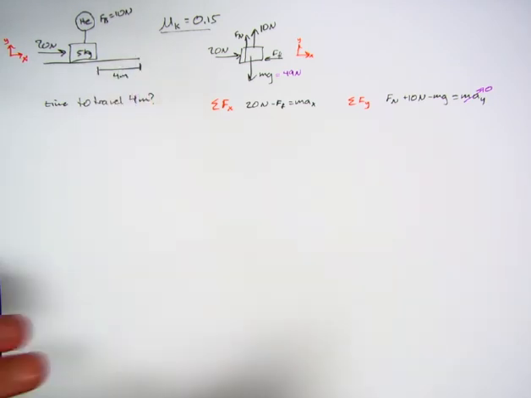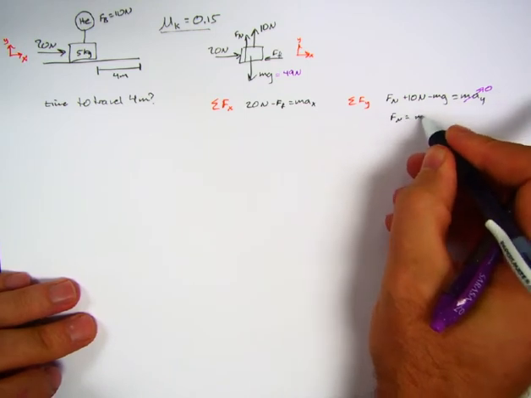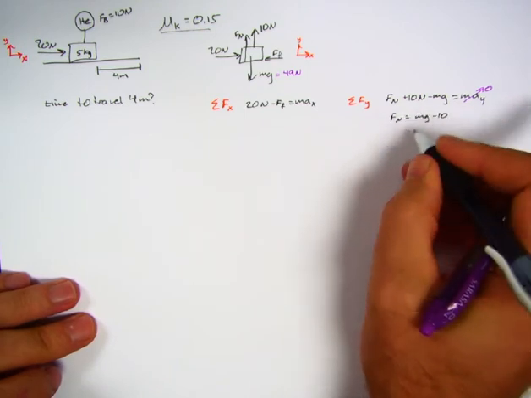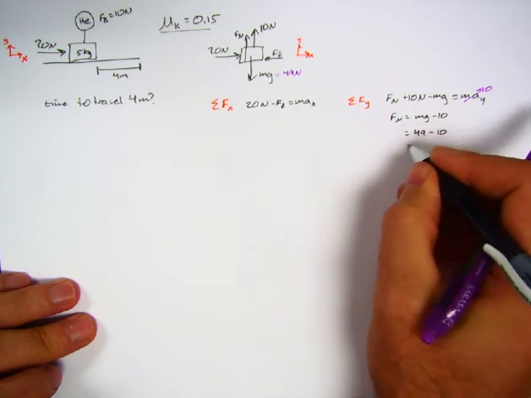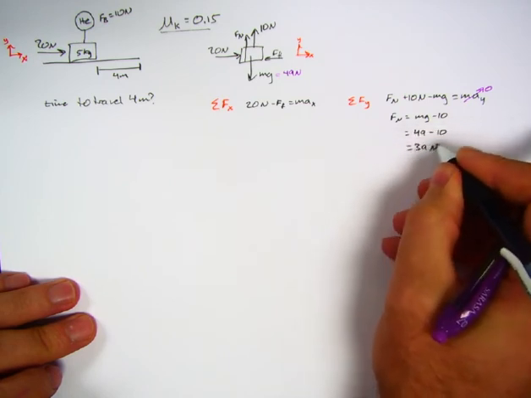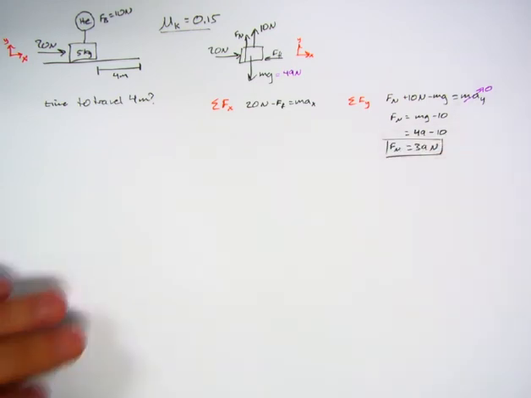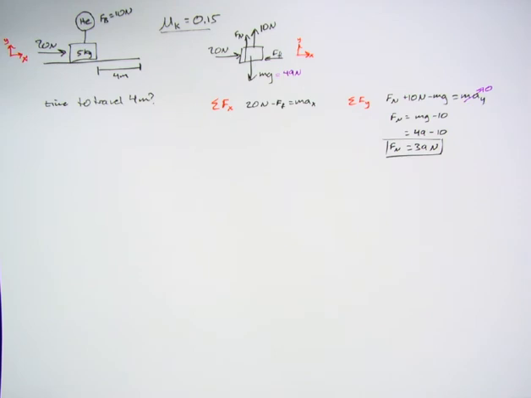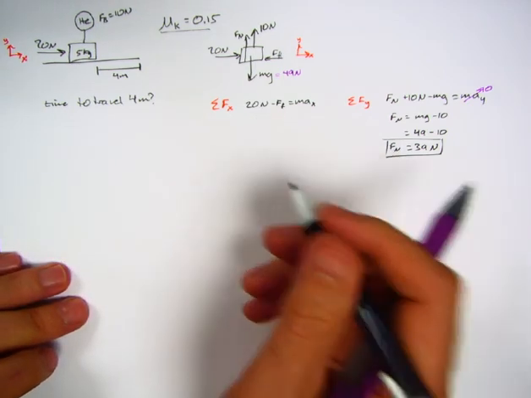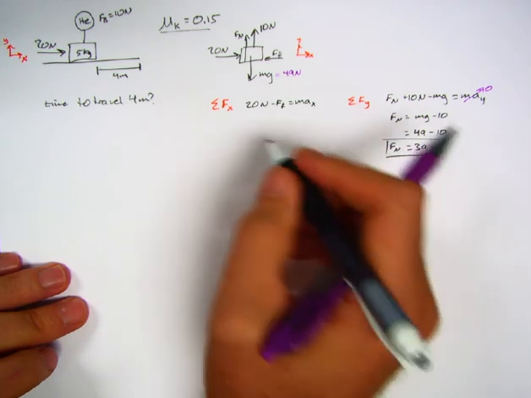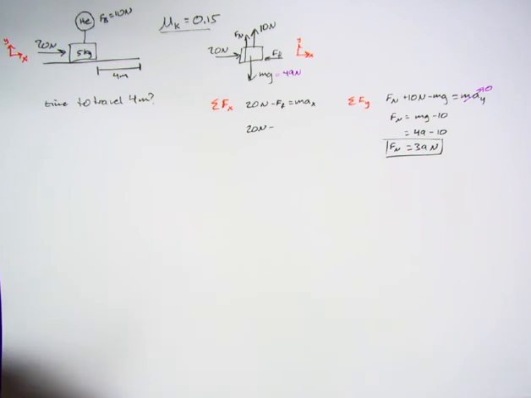With that in mind, we can immediately solve: force normal is equal to mg minus 10, or 49 minus 10 newtons, or 39 newtons. This will be useful for us later as we are calculating the friction. We go over here to this x equation, and we end up with 20 newtons minus force of friction.